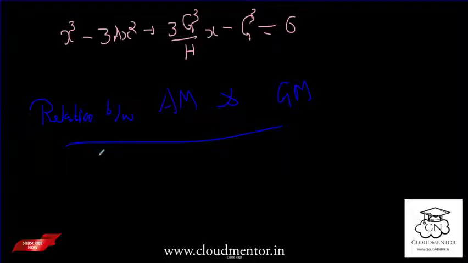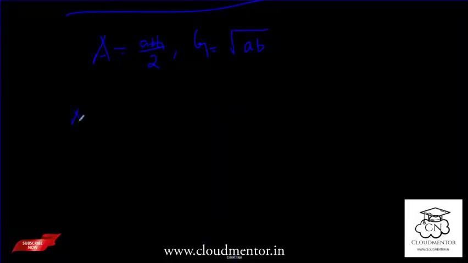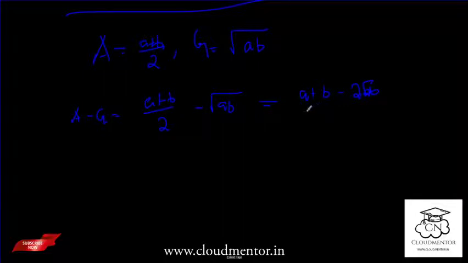A equal to (a plus b) by 2, and we know G is equal to root of ab. Now A minus G will be equal to (a plus b) by 2 minus root of ab, and that's equal to (a plus b minus 2 root ab) divided by 2.